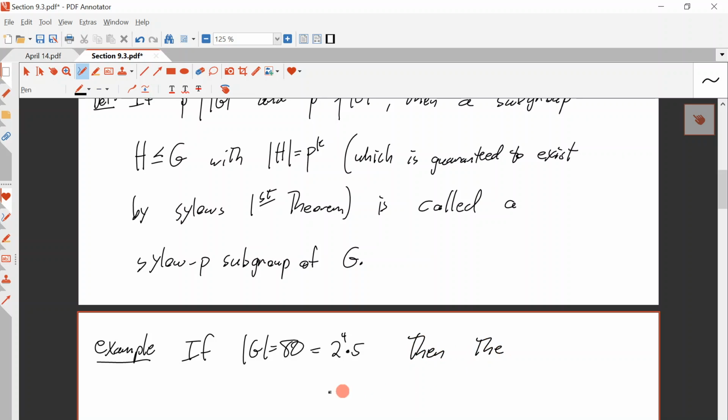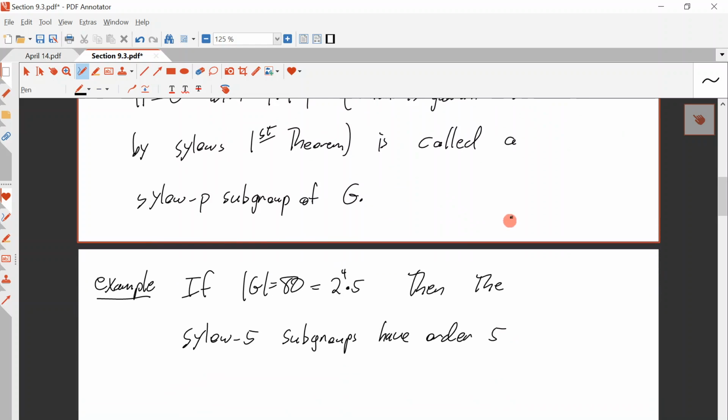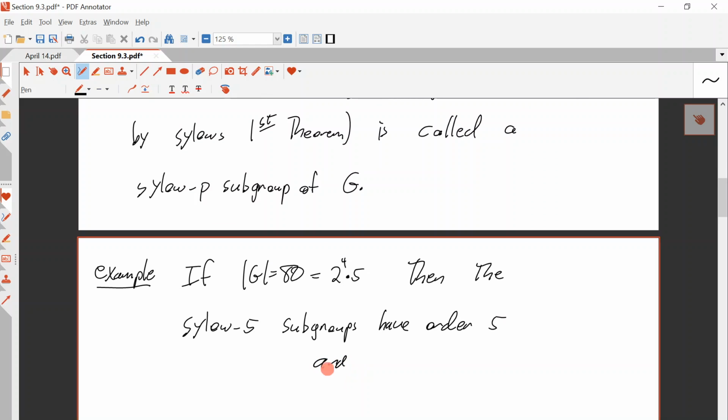Then the Sylow 5 subgroups have order 5, and the Sylow 2 subgroups have order 2 to the 4th.